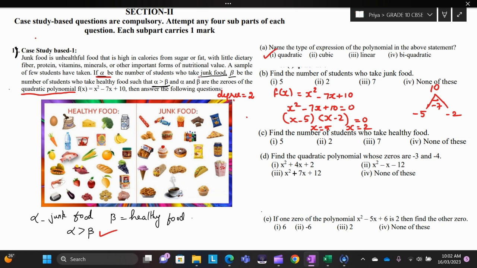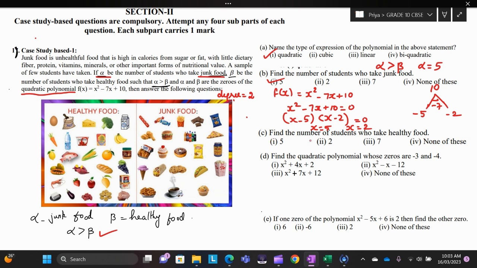Alpha is the number of students who take junk food, so I need alpha, which should be greater than beta. So alpha is equal to 5 because 5 is a number which is greater than 2. Hence, the number of students who take junk food is option 1, 5.